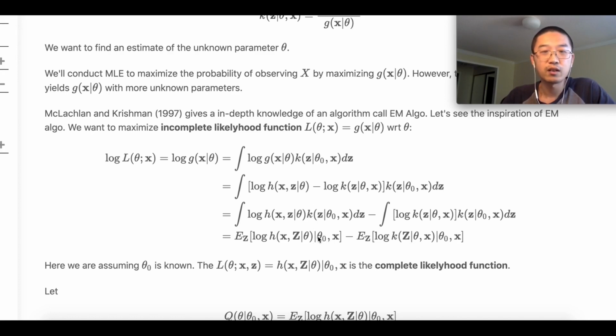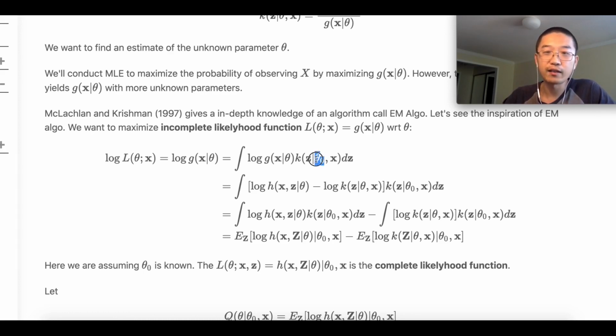So what is theta 0? EM algorithm is an iterative algorithm. It's like the Newton method. We're gonna gradually find closer and closer to the best value of theta that maximizes this function. Same here.